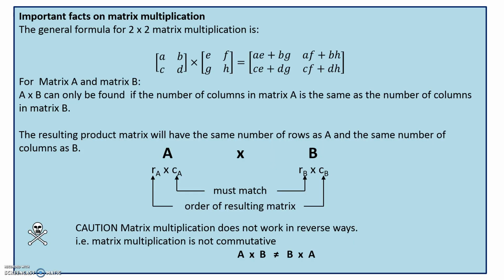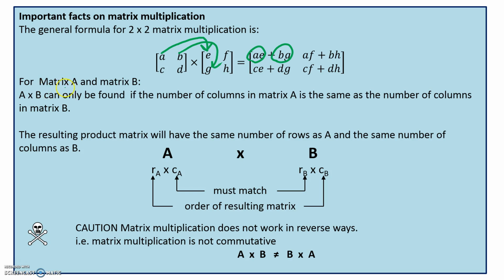This is a really good table to refer back to if you get stuck with your 2x2 matrix multiplication. So this is just a general formula when we're multiplying them. So it becomes A times E plus B times G, and then so on, just like I've shown you, so that you can use that if you're having problems.